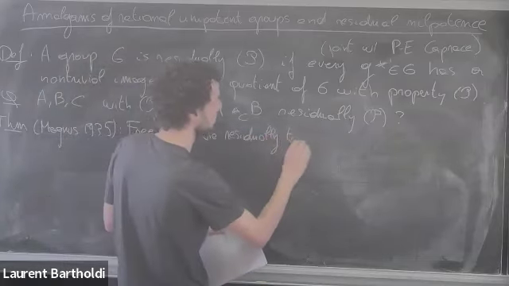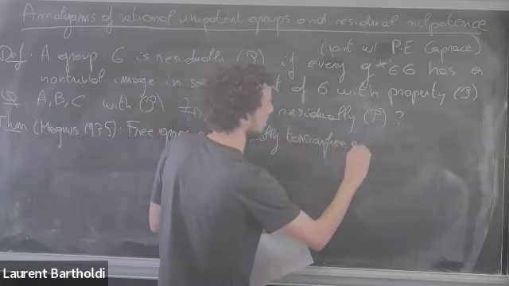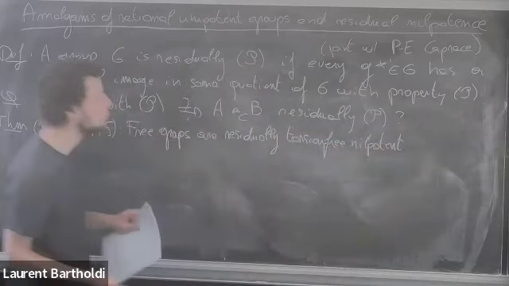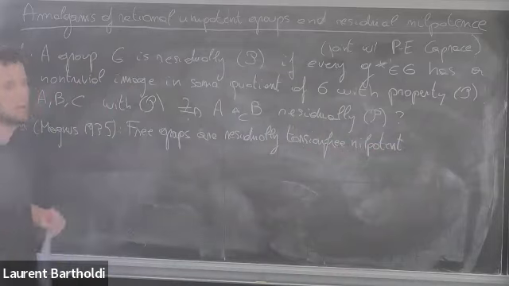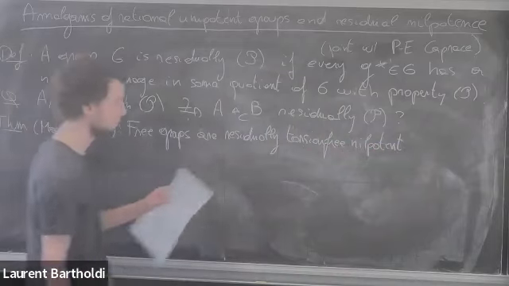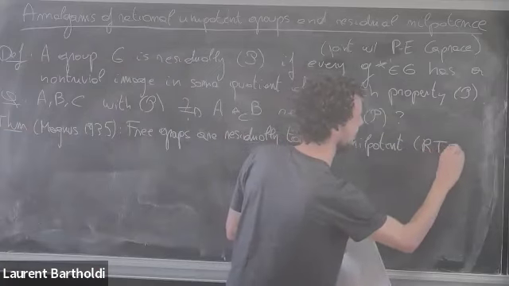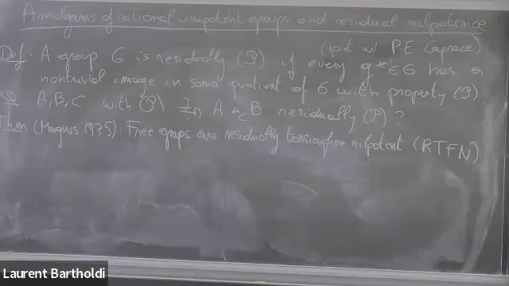Actually, even residually torsion-free nilpotent. So every non-trivial element of the free group survives in a quotient that's nilpotent and does not have any torsion element. And since this notion will come back, I will abbreviate it RTFN for residually torsion-free nilpotent free groups.